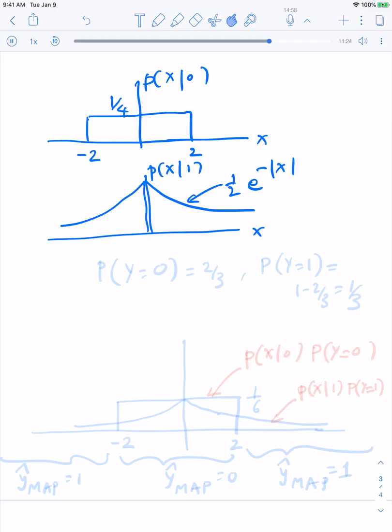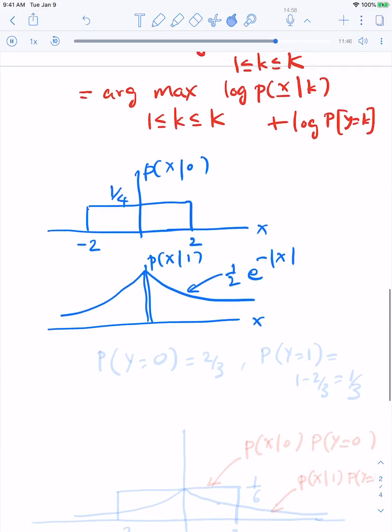And the maximum likelihood rule, you can see, basically is a special case of the MAP rule when all the hypotheses have equal prior probabilities, right? Because then the P of y equals k terms all just go away because they don't depend on k anymore. So that's the maximum likelihood rule.